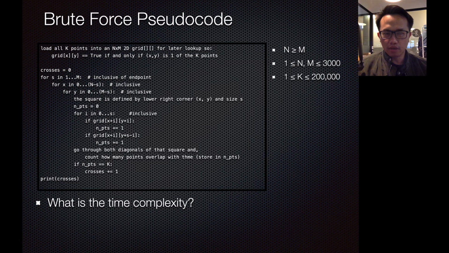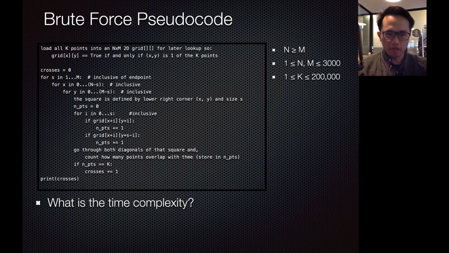And so when you go through all the possible squares, you examine the diagonals, and then you count. You just look up the particular grid points and see if it's true. If it's true, then you add 1 to the number of points. And then for all the squares that have k points lying on their diagonals, you add 1 to the count.